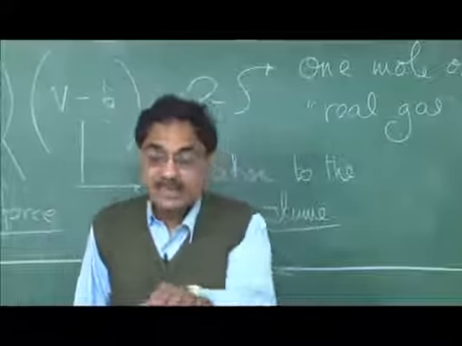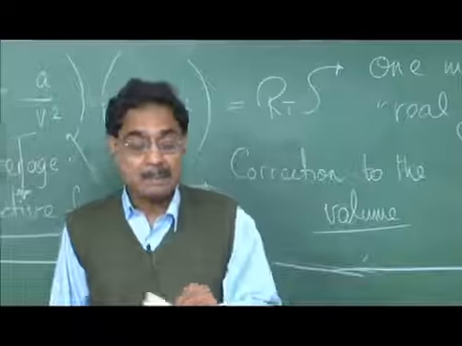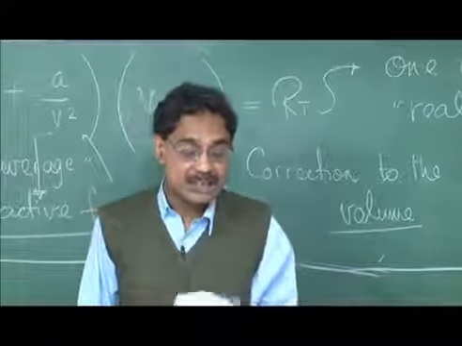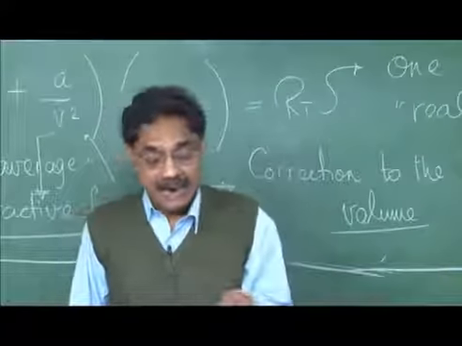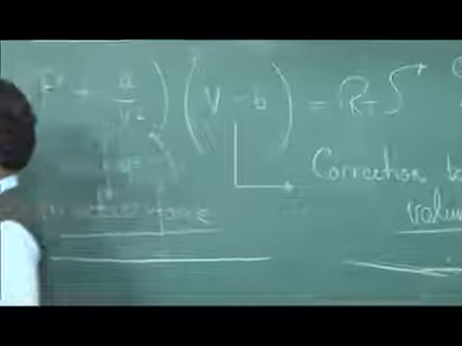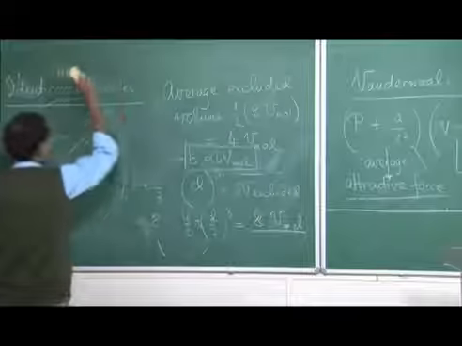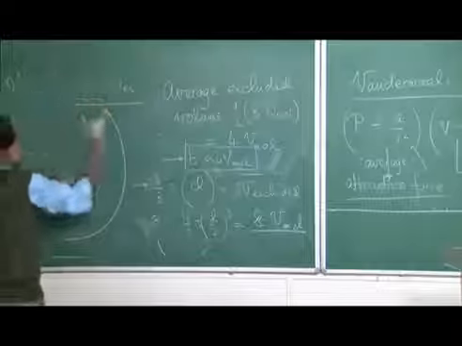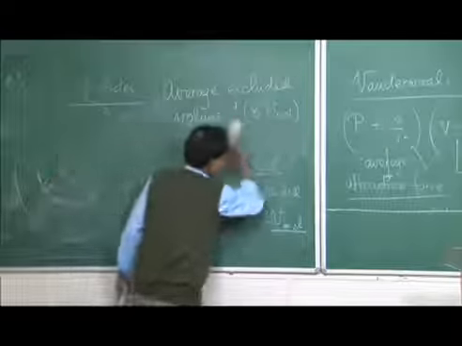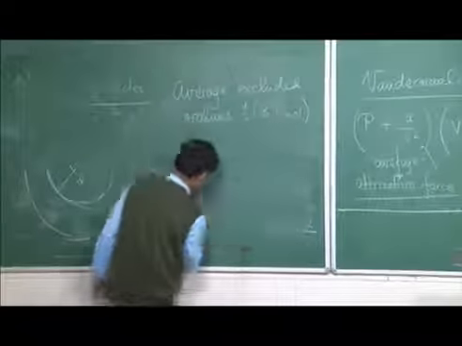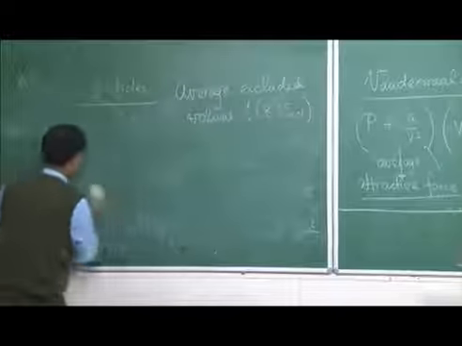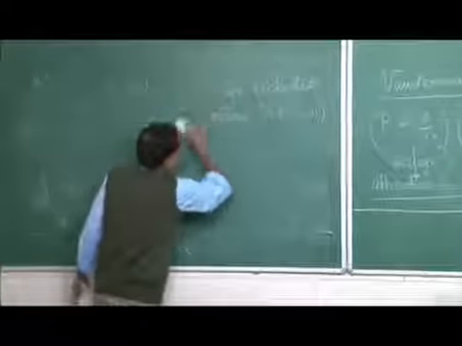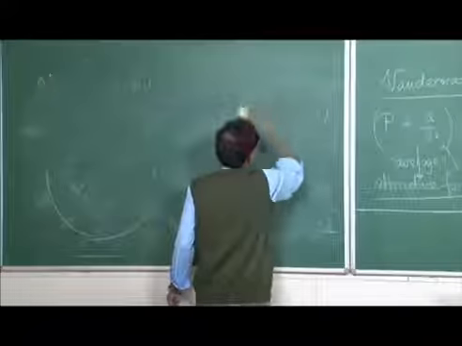These two taken together must give a correction to the pressure I have been talking about. So, two contributions that I will take into consideration to interpret or to appreciate the origin of the term a by V square.